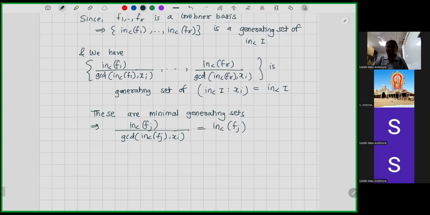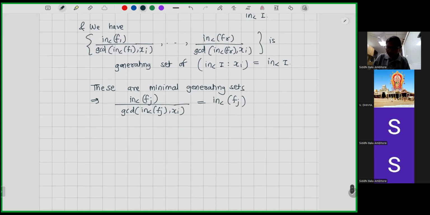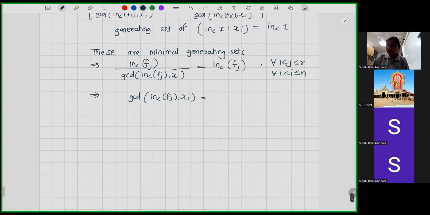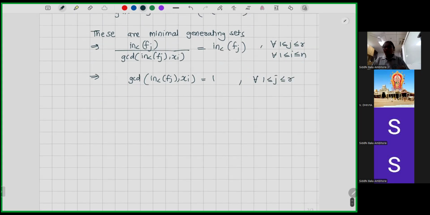So we are just comparing each term. And then this will give me that the GCD of the initial term of Fj comma xi, for all 1 less than or equal to j less than or equal to r, and for all 1 less than or equal to i less than or equal to n, is always 1.